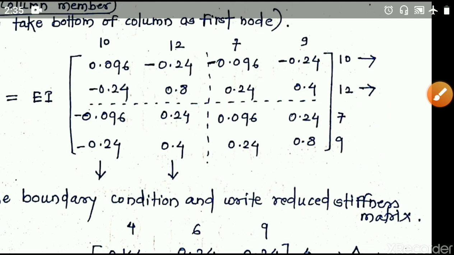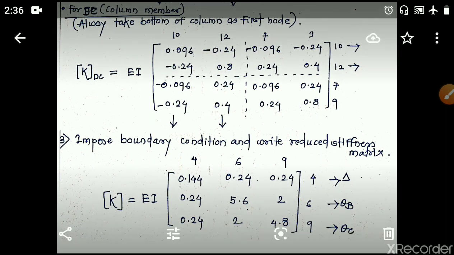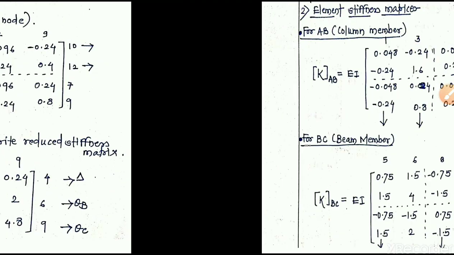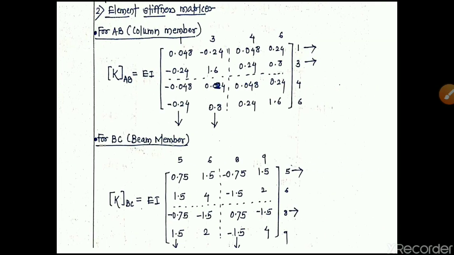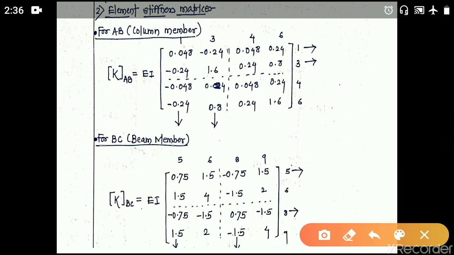This way you have to write all the associated displacements and complete this second step, that is writing stiffness matrices for all members. After that, impose the boundary conditions in all the stiffness matrices. The boundary conditions are 1, 3 are 0, 2 is not there, so 1 and 3 are 0. Therefore delete the stiffnesses corresponding to those degrees of freedom.